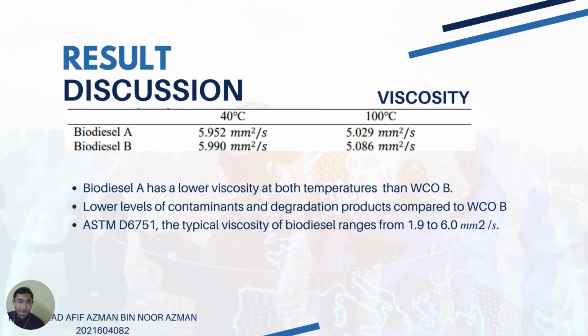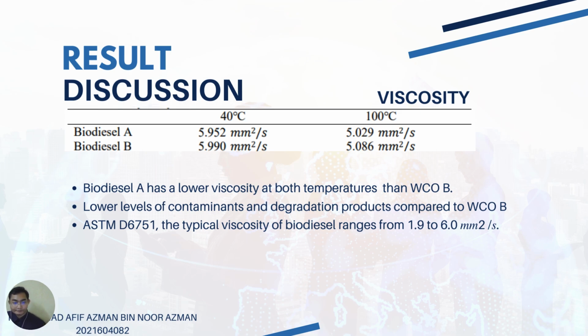Next, we go to the viscosity. Biodiesel A has a lower viscosity at both temperatures of 40 degrees Celsius and 100 degrees Celsius compared to WCOB, as WCOA has a lower level of contaminants and degradation products compared to WCOB.